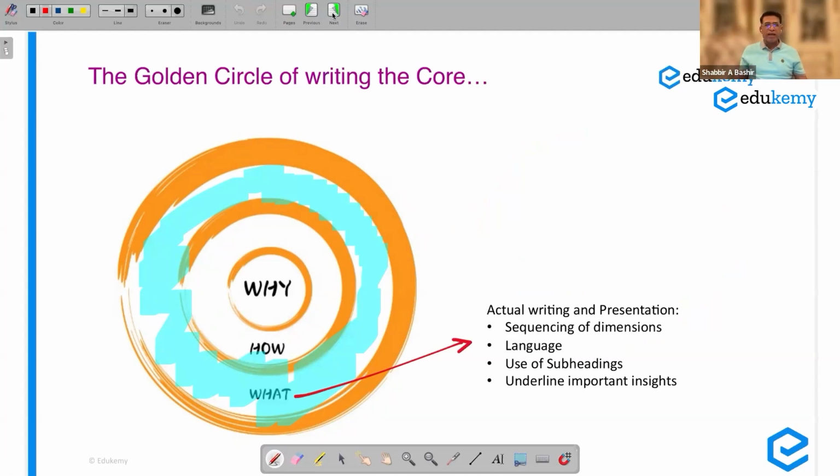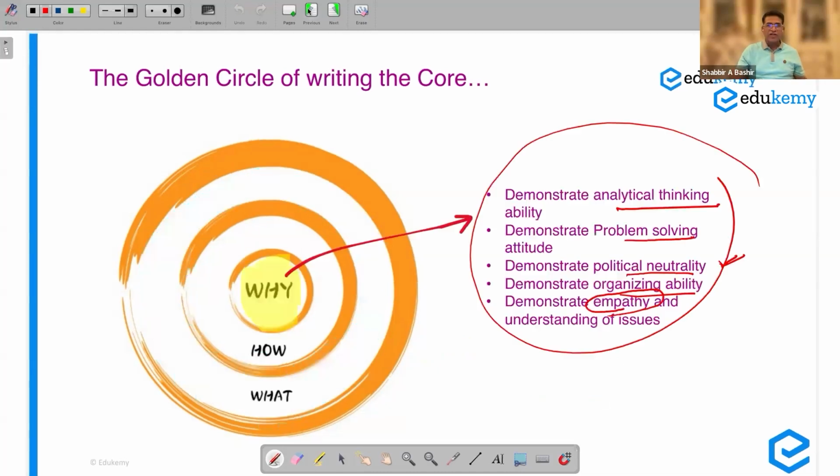The what of the body implies how you sequence your ideas, the language that you use, use of subheadings, and underlining important insights. So the what of the body is around your presentation skills. In the previous one, I was telling you why you must have the body in the way we're discussing.